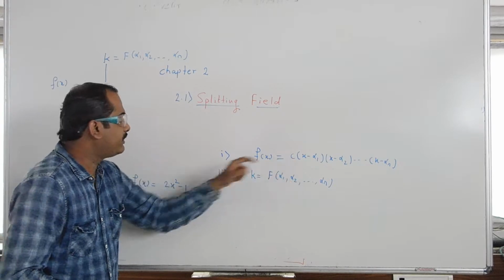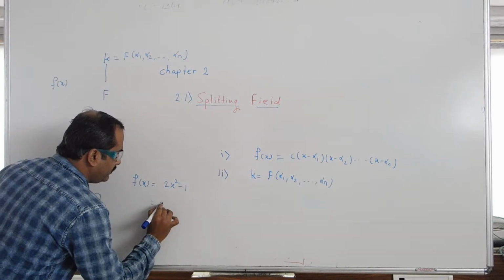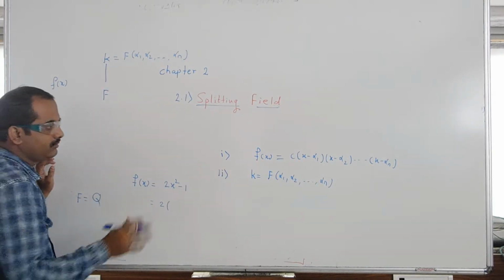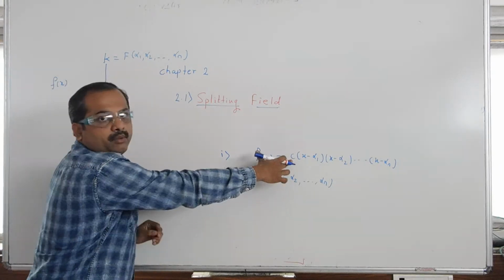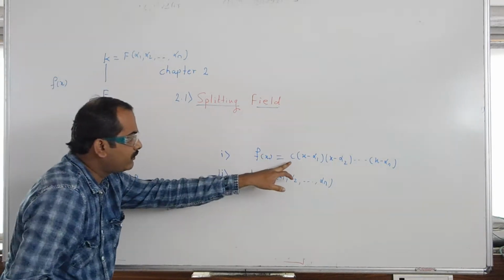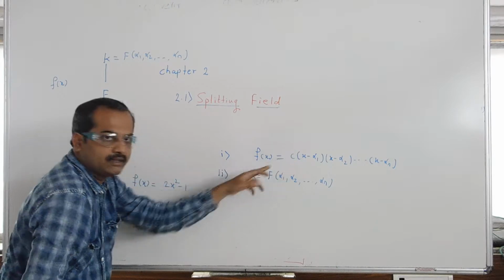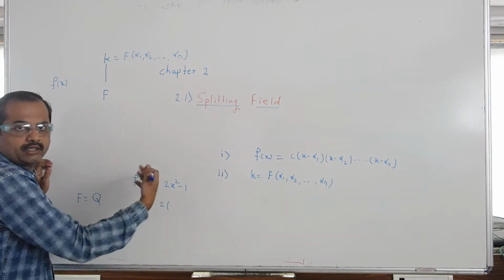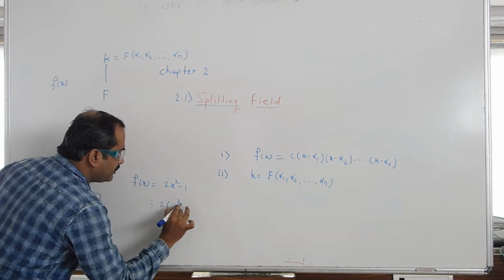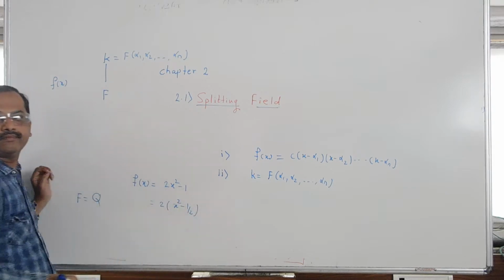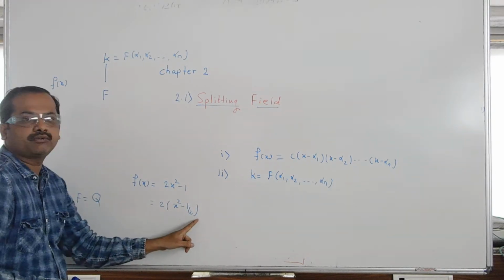So what we will do, we will take 2 common; this 2 is maybe the constant c. So I can take these 2 common. What do you have, x square minus half. So this is 2 times x square minus half.